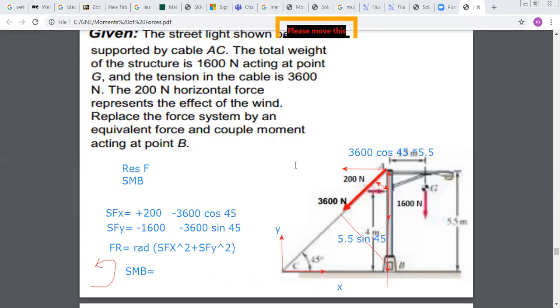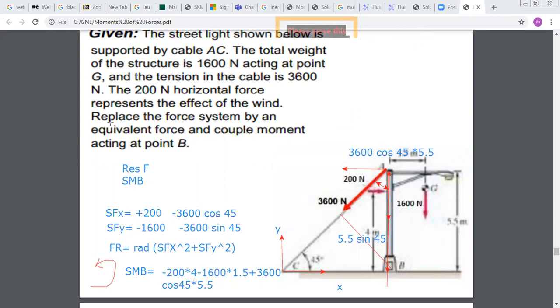Okay? Any question on this? Doctor, why did we find in the beginning sum of F on x and sum of F on y? Because you want to find the resultant force. Look, what is the question?